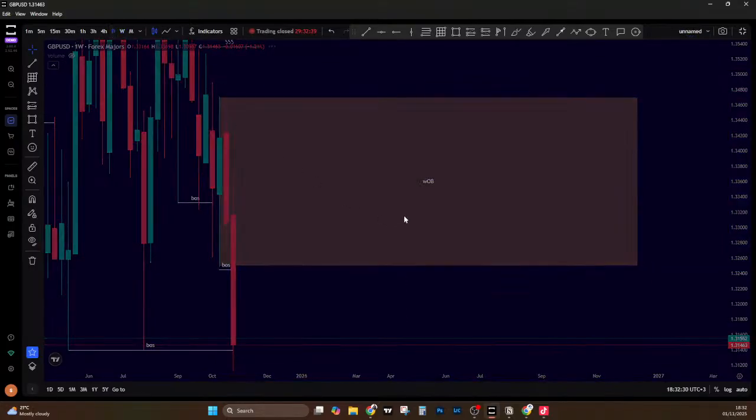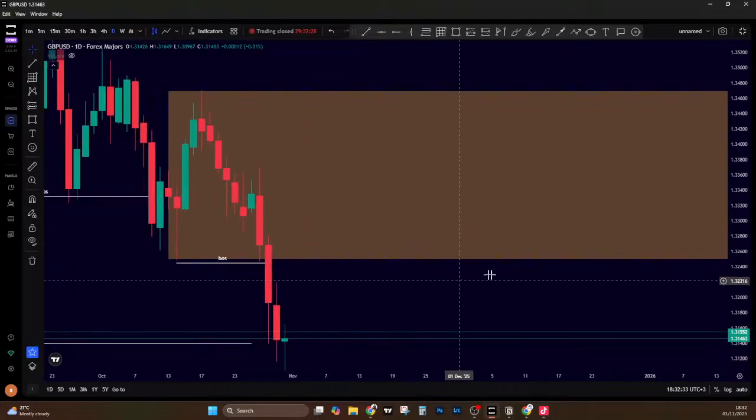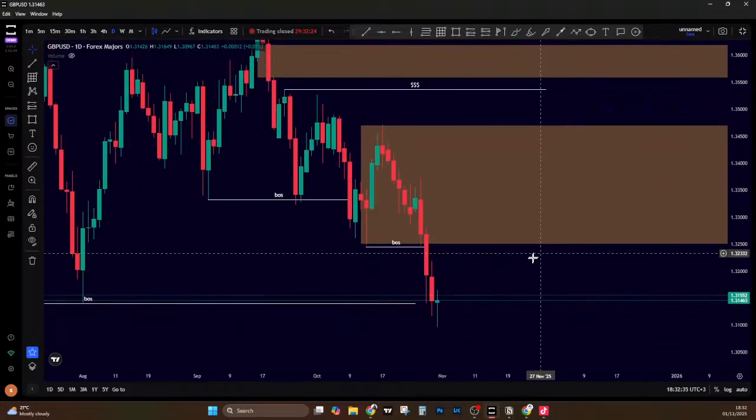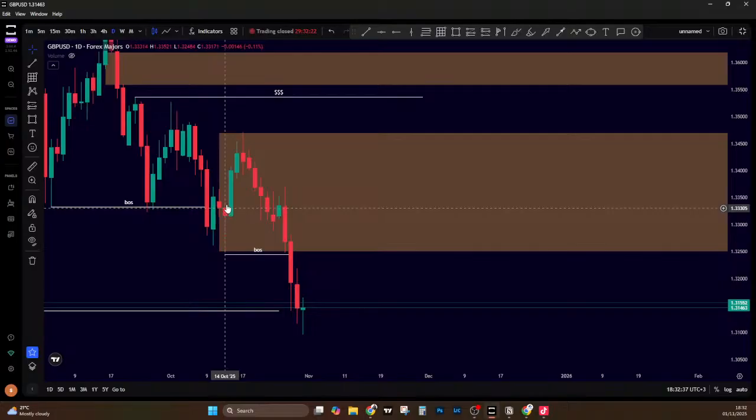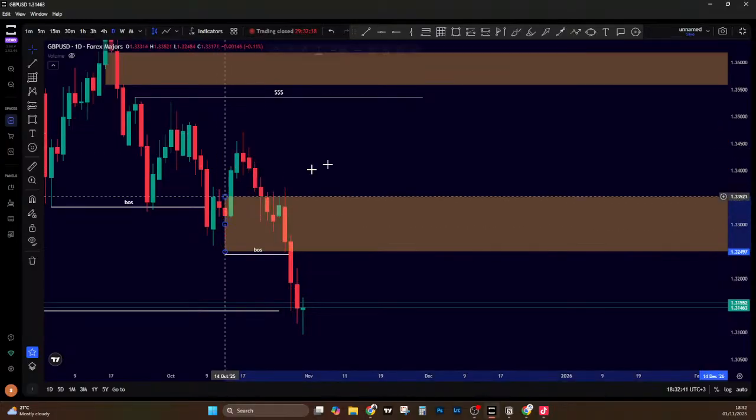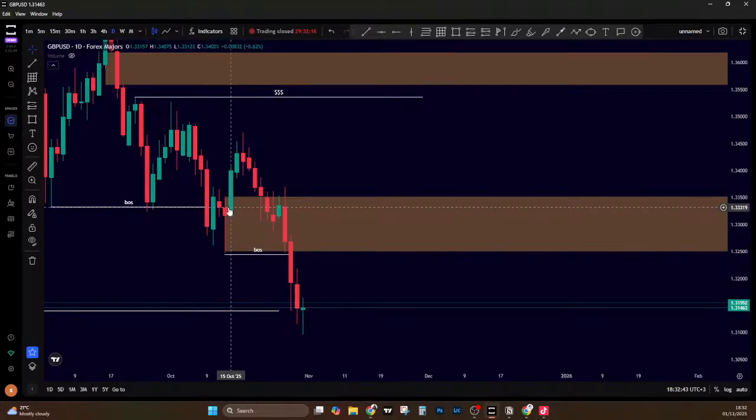So we go to the daily time frame, and what do we have here? We have this breaker block. You see this breaker block? This is the last sell before this significant buy.